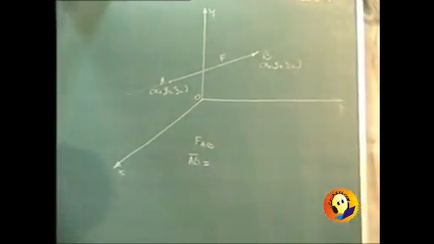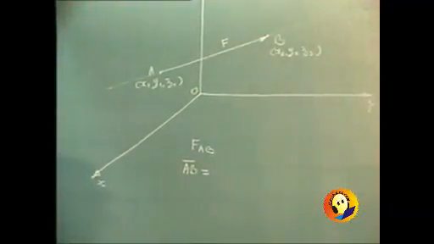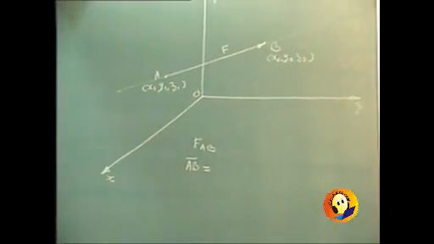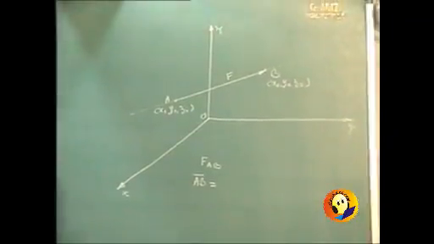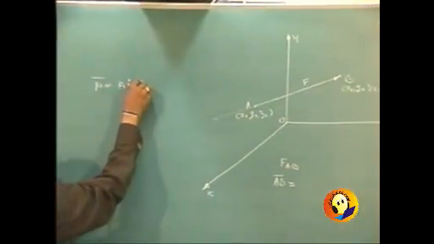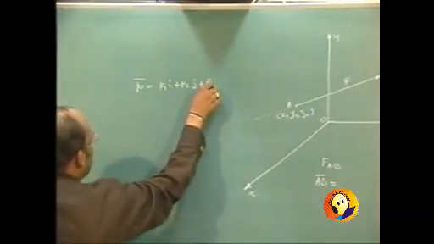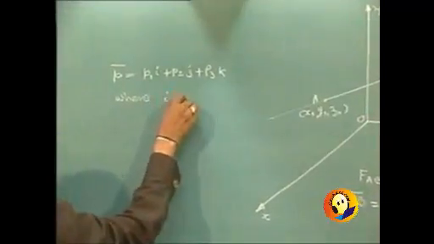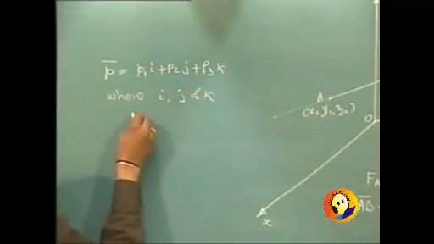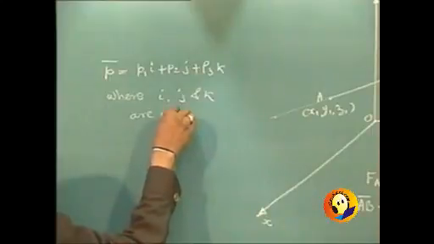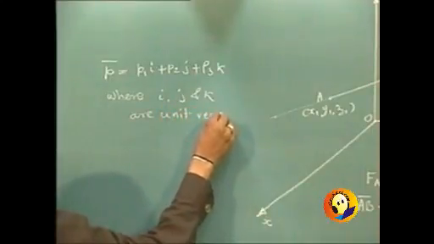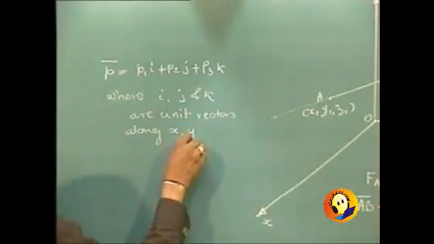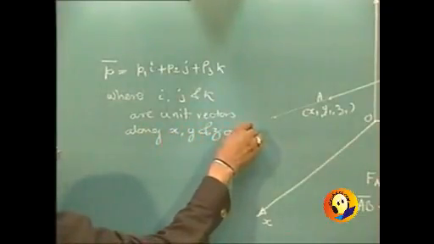A vector by itself comprises magnitude as well as direction. Let us revise a few features of vectors. Some vector P bar, which is written as P1 i plus P2 j plus P3 k, where i, j and k are unit vectors along x, y and z axis respectively.